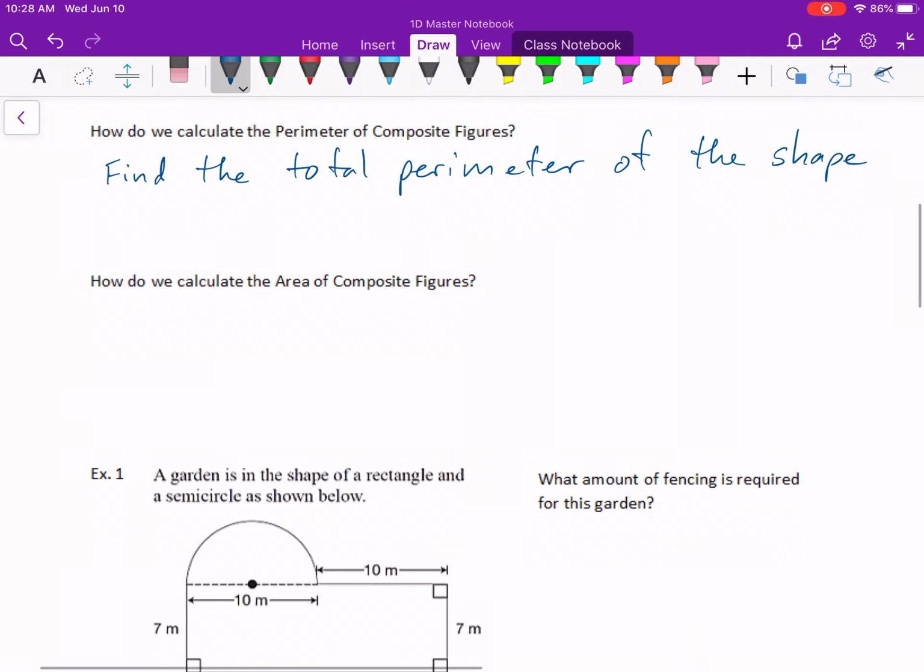Pretty straightforward. The area of a composite figure is straightforward too, as long as you get the idea of what we do. We mentally break it down and get the area of each of the parts that we're familiar with. So maybe it's made up of a square and a circle and a triangle. We'd get the area of the square, the area of the circle, the area of the triangle, and then we'd add them all up.